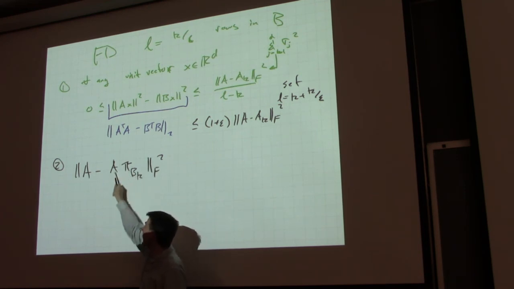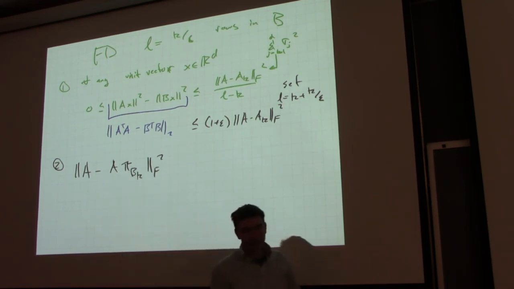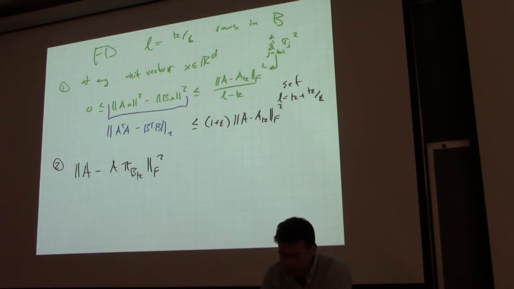So this is the best rank k projection. And I can say that this is equal to L, oh wait, this one only needed to set this, and then this is L over L minus k.